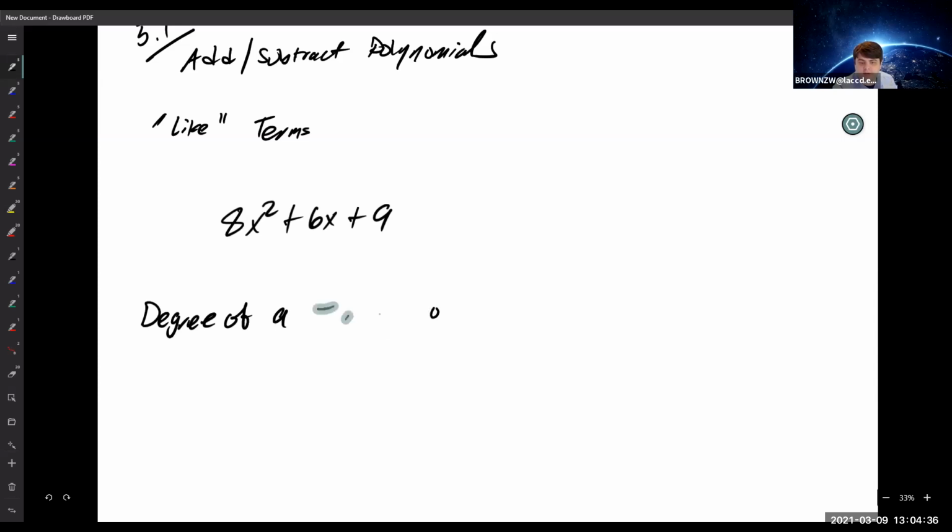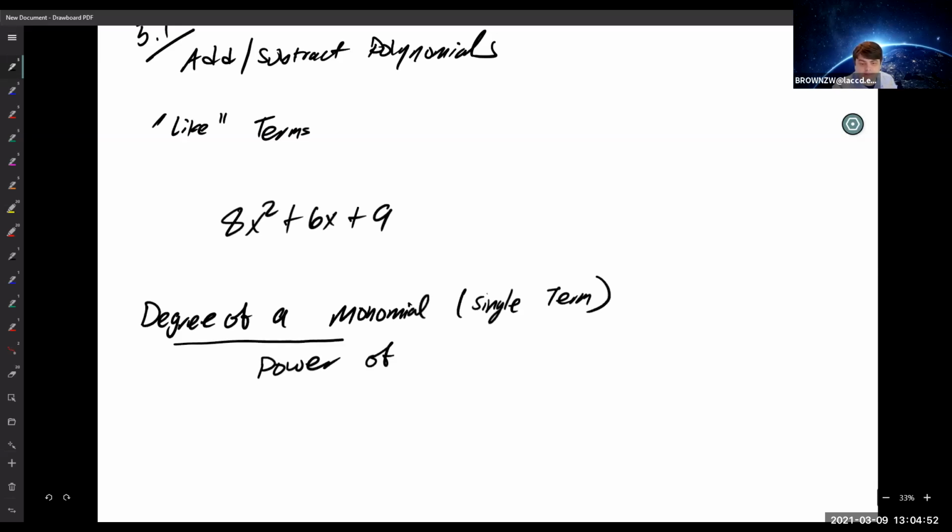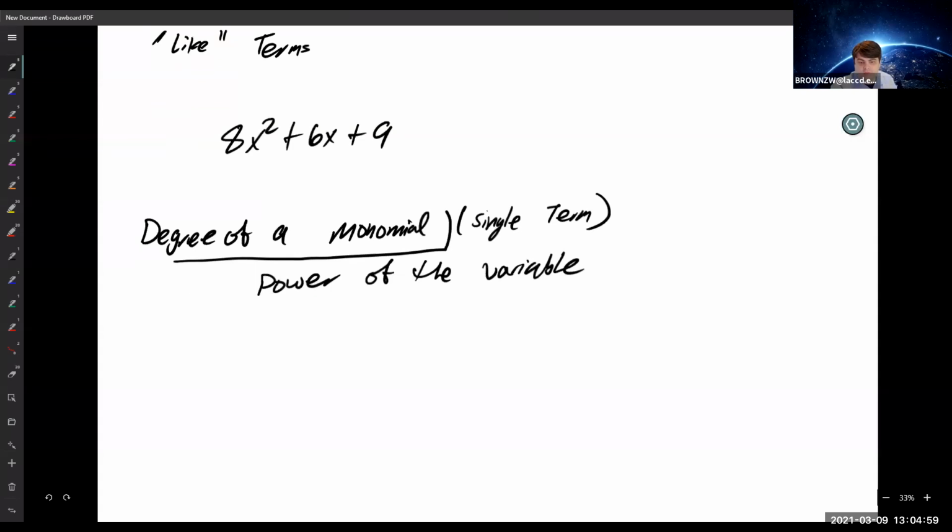Degree of a monomial, which is just a single term, is just the power of the variable. So if we had the exact same polynomial, 8x squared plus 6x plus 9, this 8x squared would have a degree of 2.